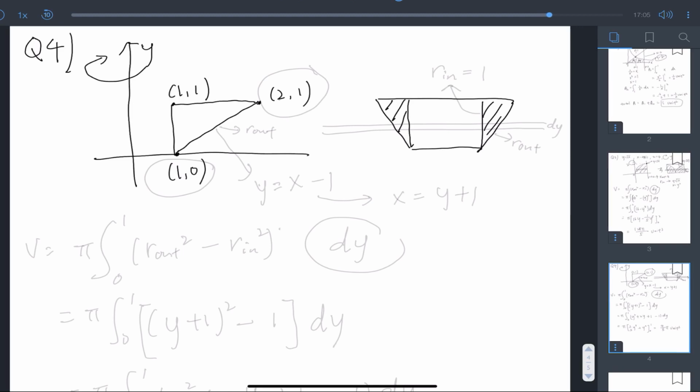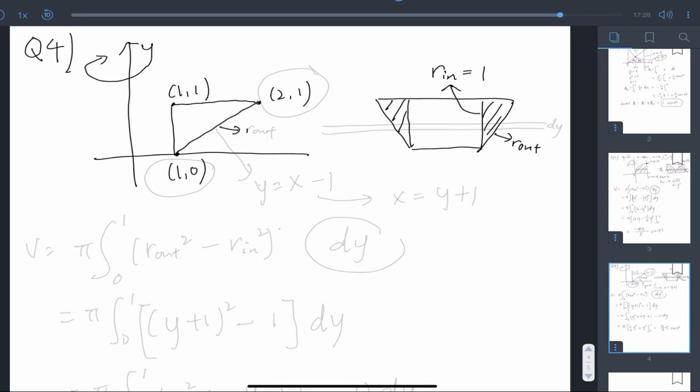Which is the outer radius? This is the outer radius. The outer radius is varying and the inner radius is constant. What is the inner radius? Inner radius is 1. Can you find the function to describe the outer radius?